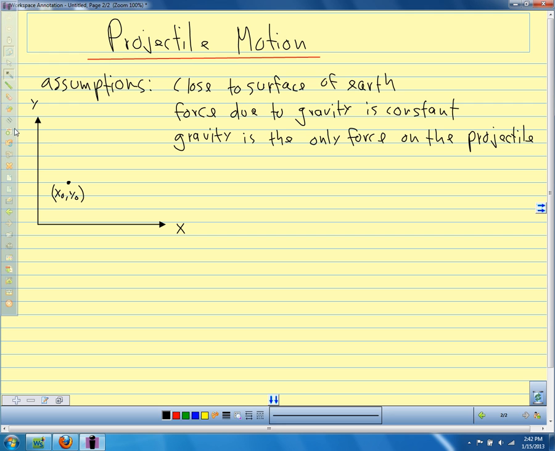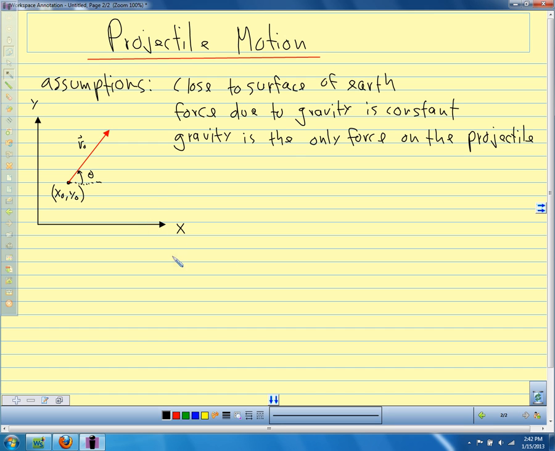It's starting off with some initial velocity. So this is our initial velocity vector v0. It's being launched at an angle theta from the horizontal.